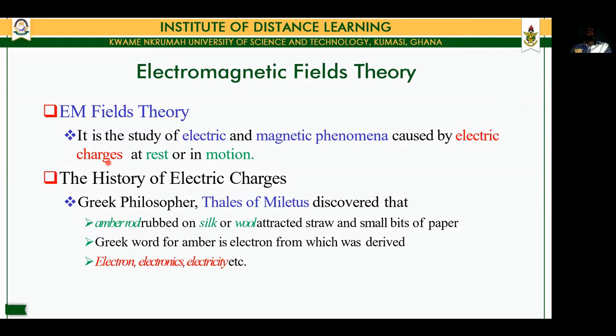One might think that magnetic stones are responsible for the magnetic phenomena, but as we go along, we'll come to understand that the actual origin of all the fields, both electric and magnetic, is electric charges.